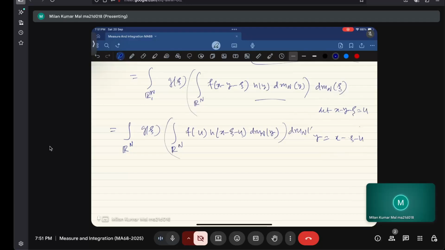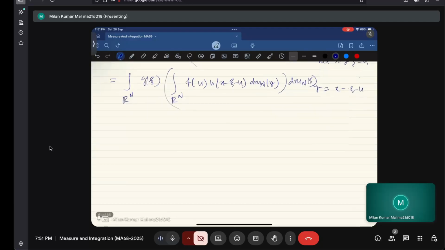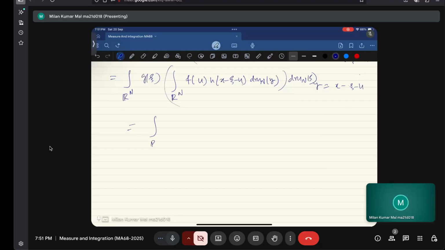dm j. Again using the Fubini's theorem, we can change the integration.